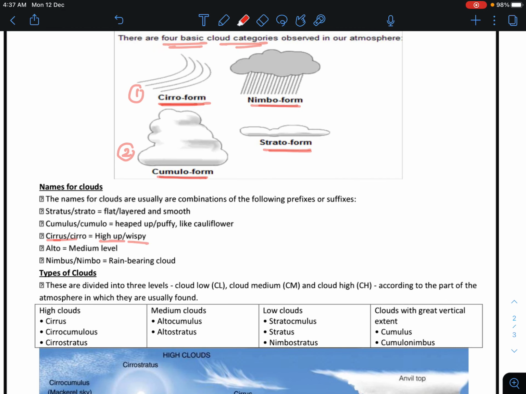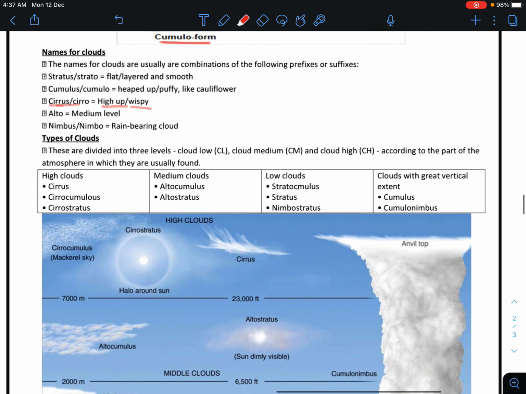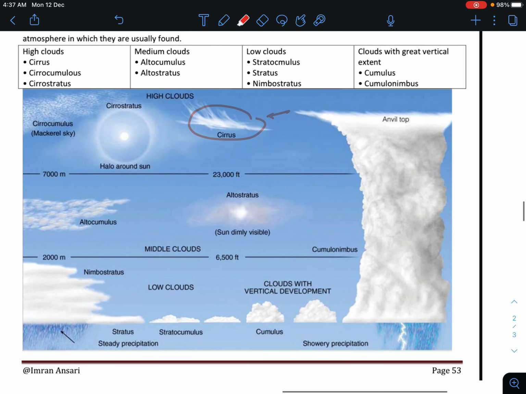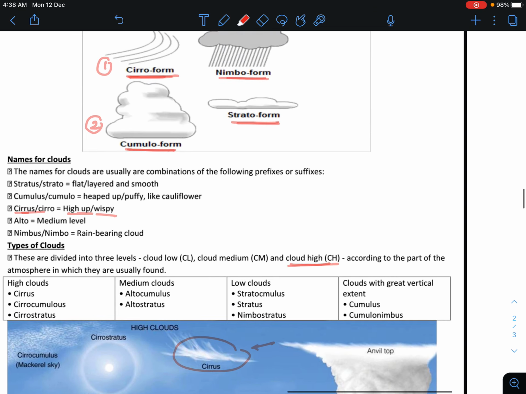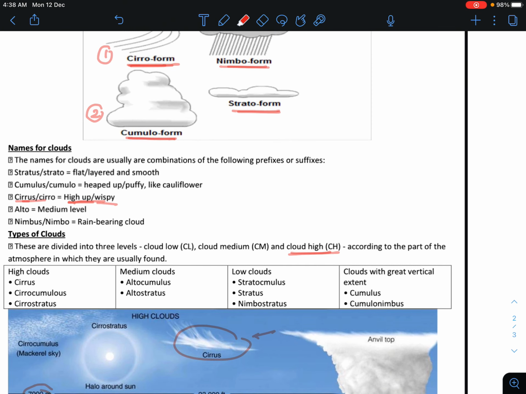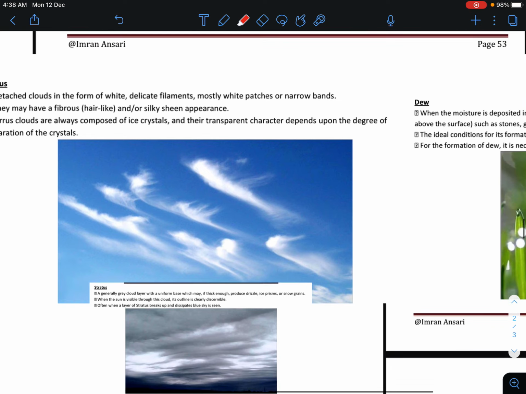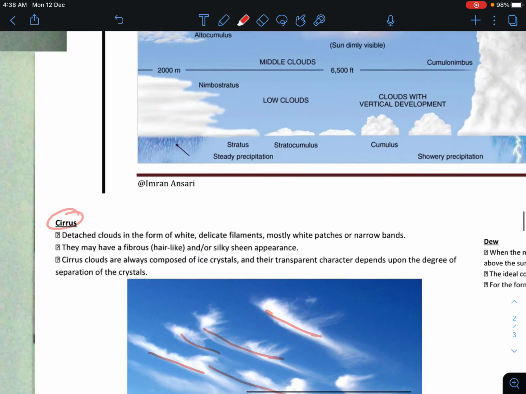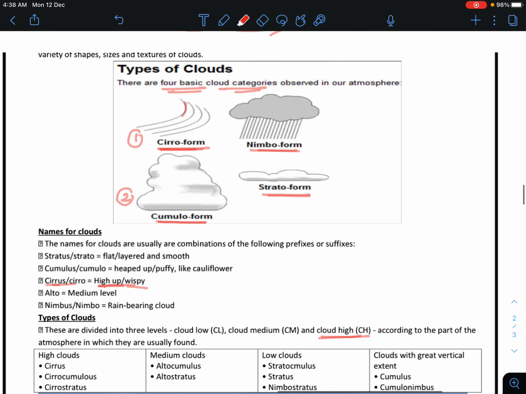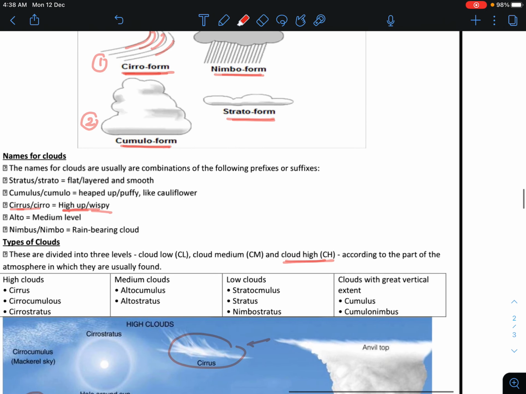Its height is above 7,000 meters, so it comes under high clouds. The best example is cirrus, which means high up. The second is cumulo form.